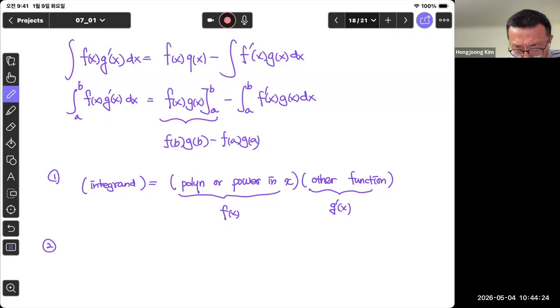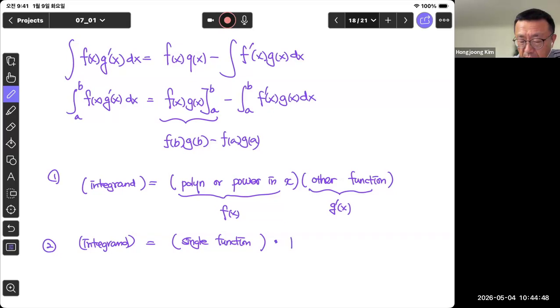Sometimes your integrand consists of only one function. In that case, the single function times 1 can be used as your integrand, and this 1 will be denoted by g prime(x), and the original integrand will be denoted by f(x).